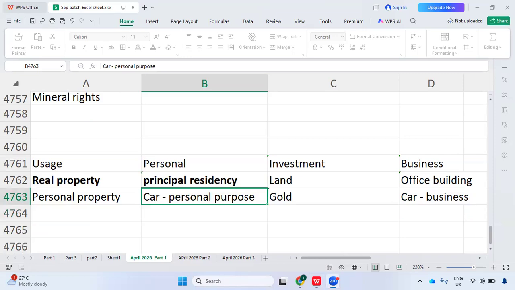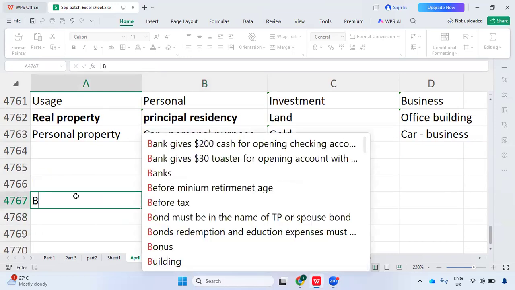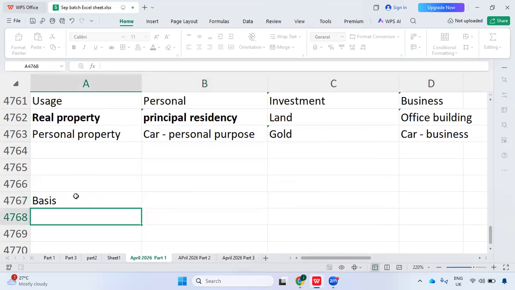Okay. So in this topic, generally we talk about basis. In this entire unit 6, we talk about the basis. Generally, basis means the purchase price. Whatever amount we paid for the asset, we call it basis. But it is not always the case.